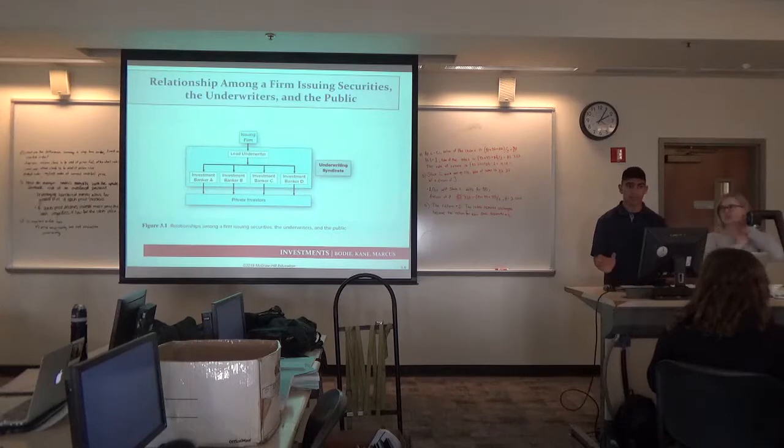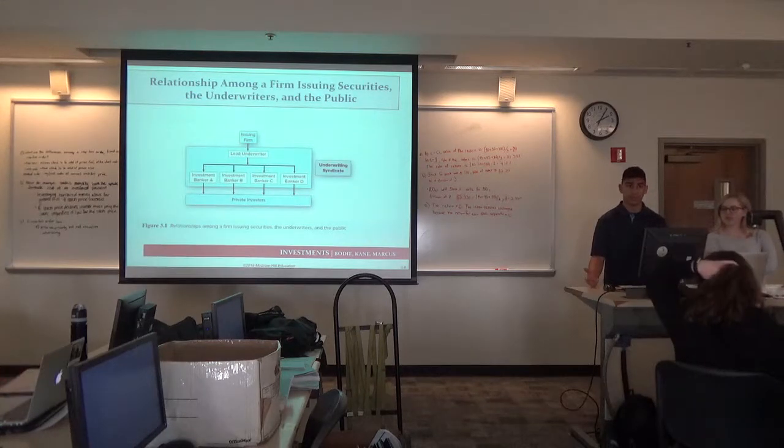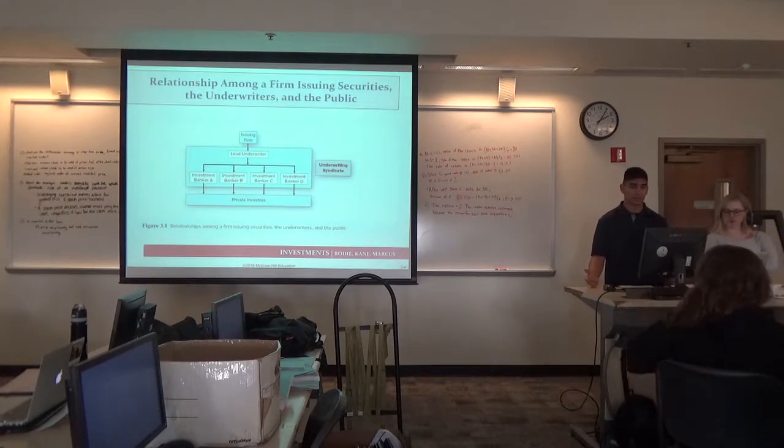For example, the issuing firm gives the lead underwriter $200,000, and to take some of that risk off themselves, they might distribute it depending on what the investment bankers specialize in. So they're working as a team, delegating tasks.